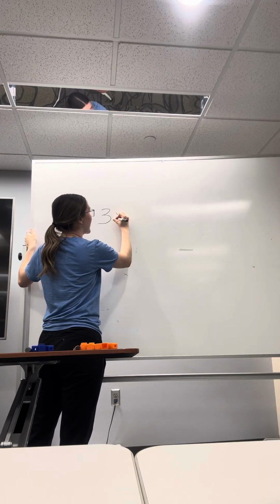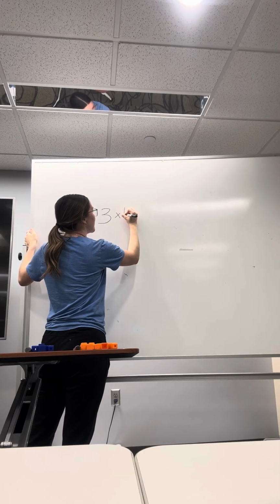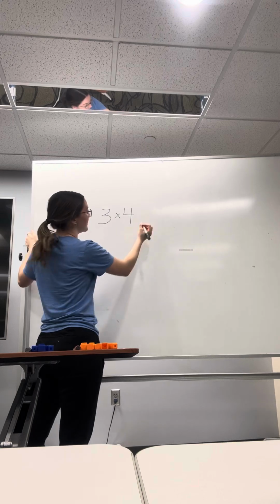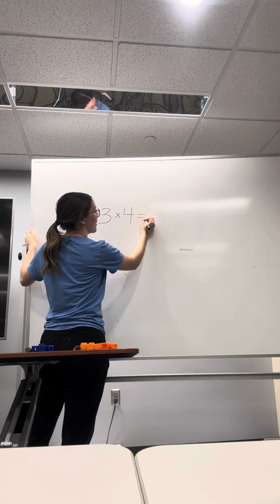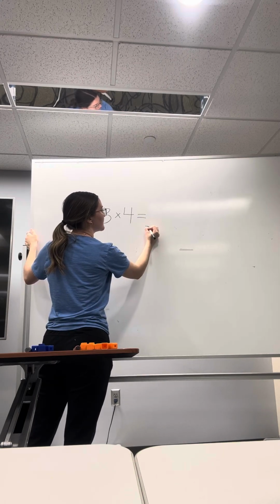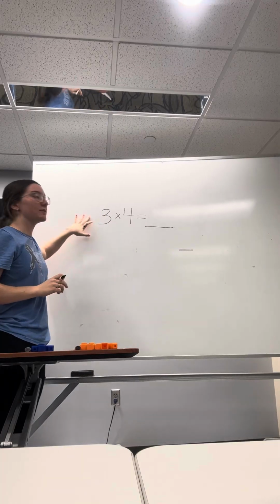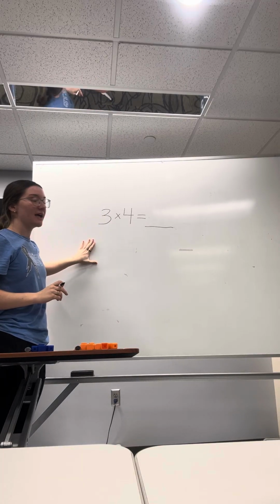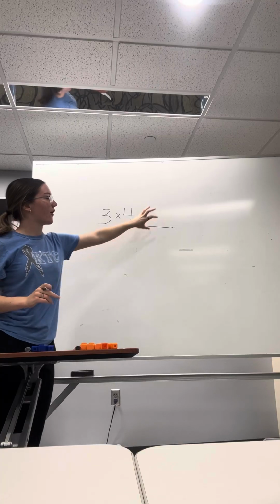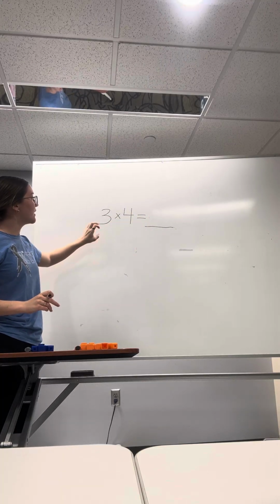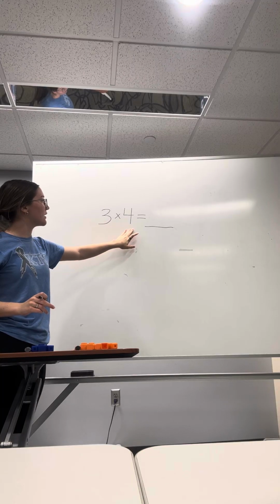It looks like an X and 4. What else do we need? Yep, our equal sign. And then this will be where our answer goes, okay? So this is our multiplication, but we are gonna do it as an addition problem to figure out our answer, okay? So we have 3 times 4.